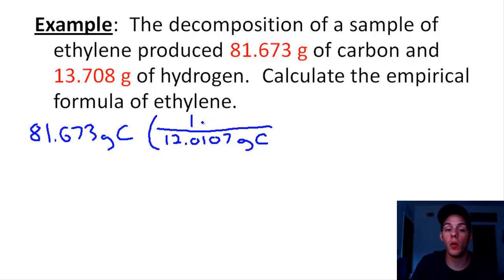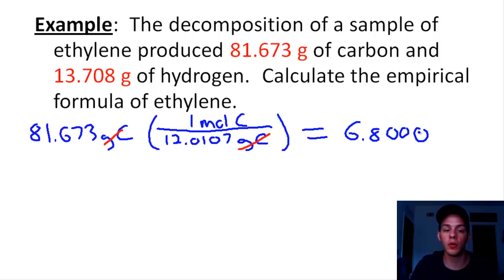I'm going to put my 1 mole of carbon on the top. And let's make sure units cancel. They do. Grams cancels with grams. And our answer here is going to be 6.8000, making sure we keep it to 5 sig figs, 6.8000 moles of carbon.